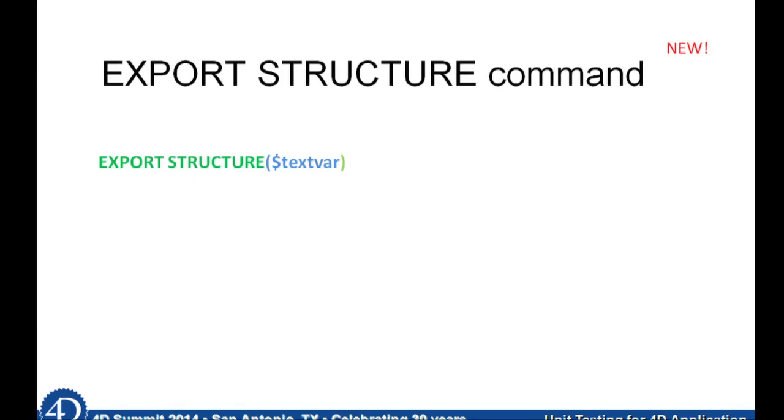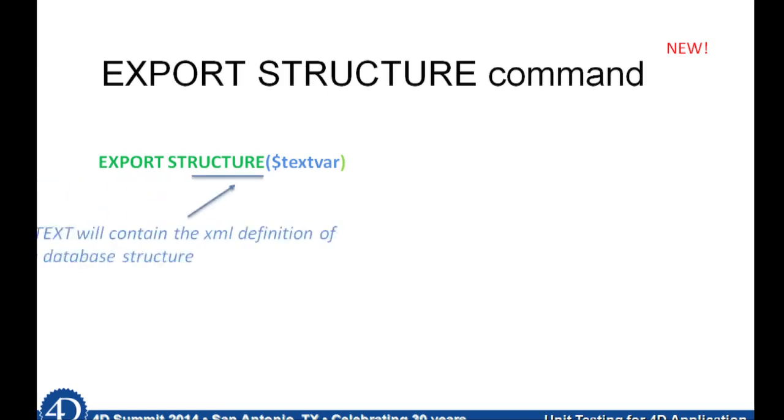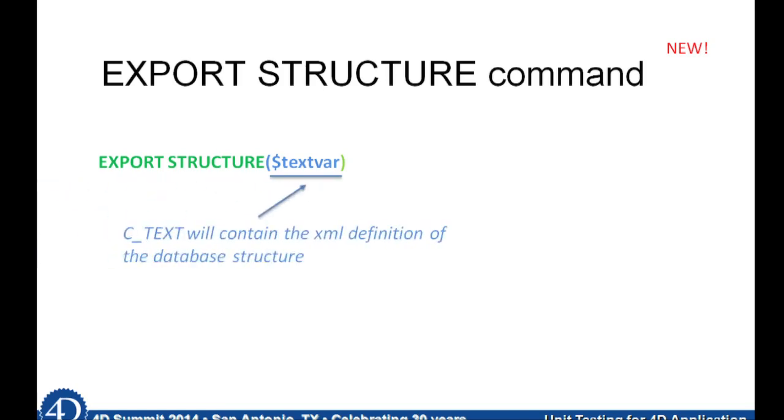Export structure. So again, the goal being to be able to export our unit test to our source control tool. We had to be able to export the database structure to a file so we can actually make comparisons between version A and version B. And to do that, we implemented the export structure command, passing a text variable.